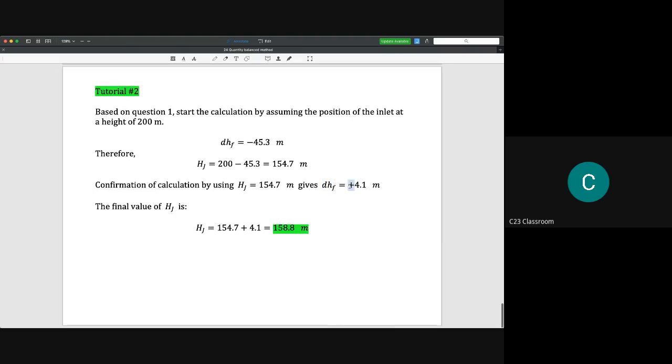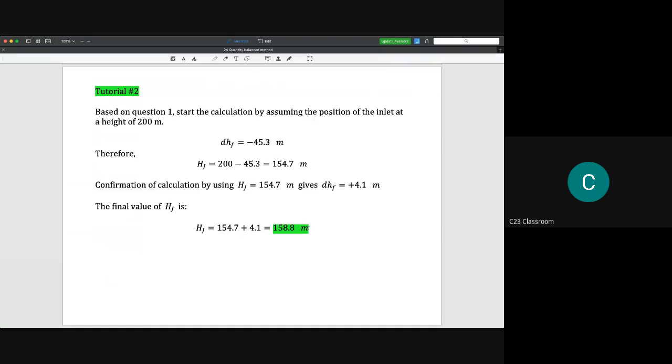Because the sign here is plus, you need to add to the value that we got previously. So we add 154.7 with 4.1, and then we get 158.8 meters.